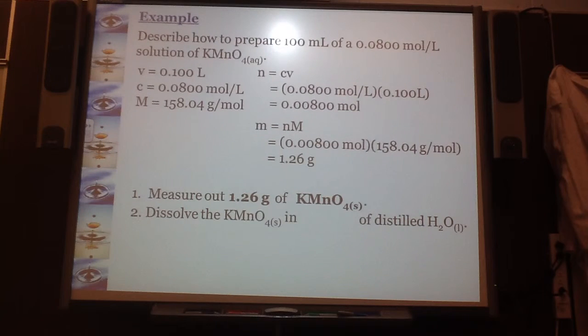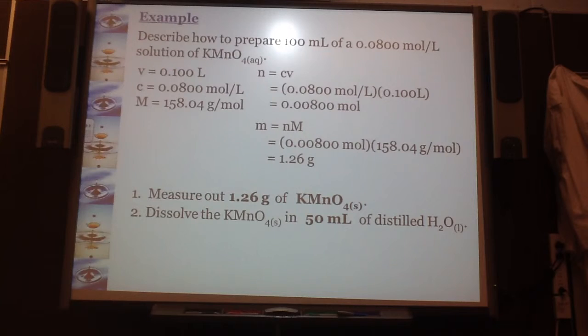Okay. Dissolve potassium permanganate in 50 mL of distilled water, because it's half of what it should end up being. Okay? If you end up dissolving it in a little bit more, that's okay, because once you put it in your volumetric flask, you just fill it up to the line, you know? So it doesn't have to be exactly 50 mL, but it's about.